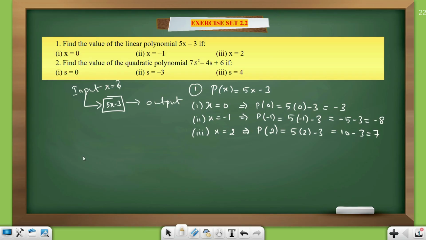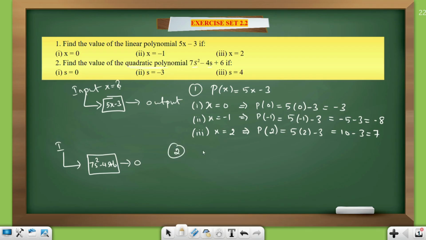Similarly, for the second problem, the quadratic polynomial is 7s square minus 4s plus 6. Here the variable is s and the highest power of the variable is 2, so we call this polynomial a quadratic polynomial. This is our machine: we give the input value and we get the corresponding output value.